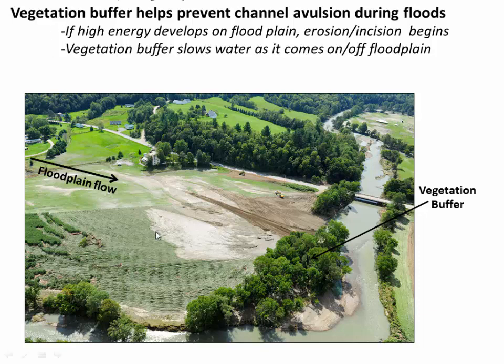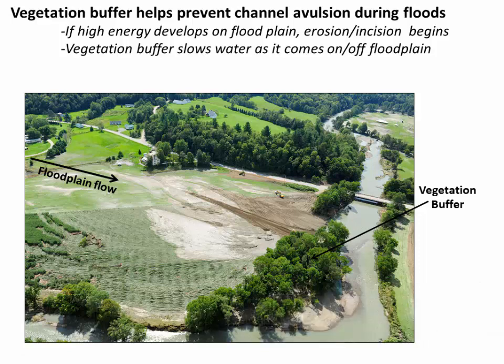And here's an example of that from the White River in Vermont after Hurricane Irene. So this is part of a meander bend on the river here. It goes like this. And during the flood, waters came ripping through here and flowed over the floodplain and then rejoined the main river down here.